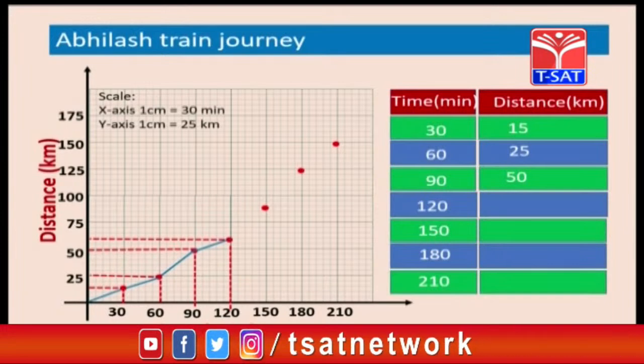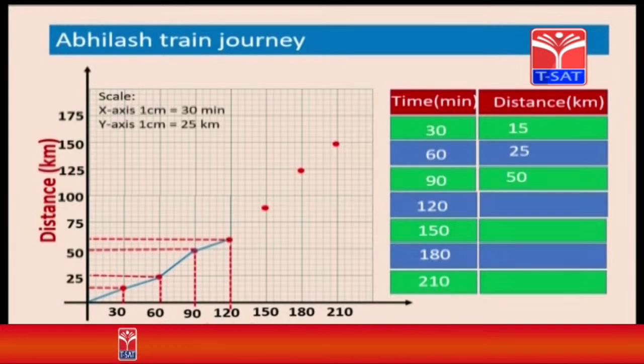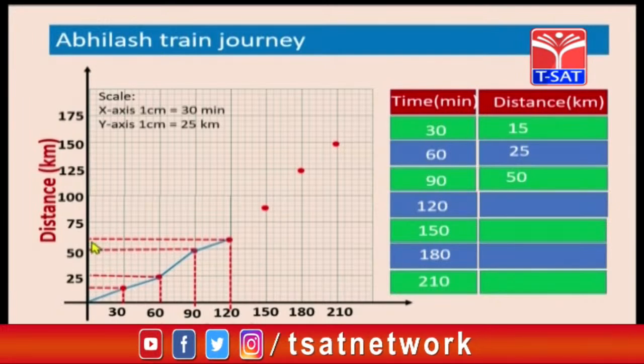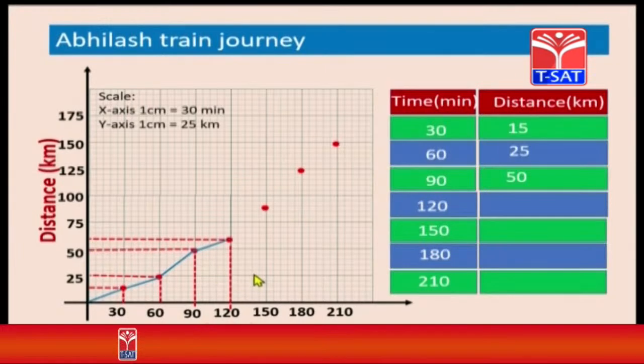Here one unit is divided into 5 small cells. Each cell is equal to 5 units. So here above 50 there are 2 cells. That means 50 plus 5 plus 5. It gives 60. So after 120 minutes, the train covered a distance of 60 kilometers.